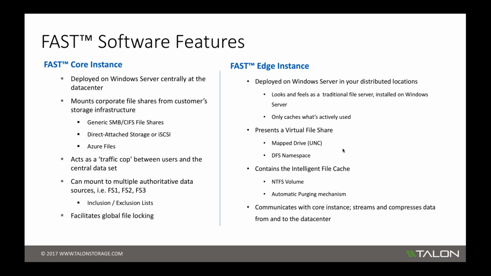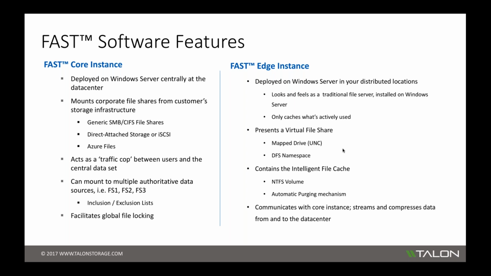The edge, in that other sense, is also deployed on a Windows server, but it's deployed in your distributed locations. When you deploy it, you configure it, you associate it with the fabric, it actually looks and feels as a traditional server, but it only caches what's actively being used. We present the offline attribute to files that are not being cached, so the users can actually clearly see which files are cached and which files are not, which is a real benefit.